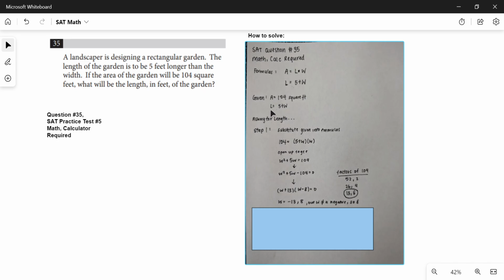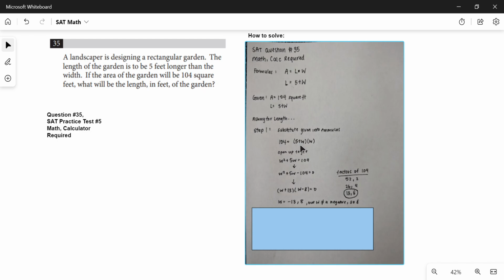So you can substitute L equals 5 plus W into the length times width, and you can equate it to 104 because we're already told that the area is 104. So A, 104, is equal to L, which is 5 plus the width, times the width itself. So 104 is equal to (5 plus W) times W.